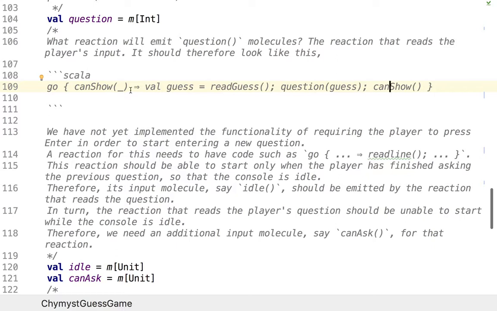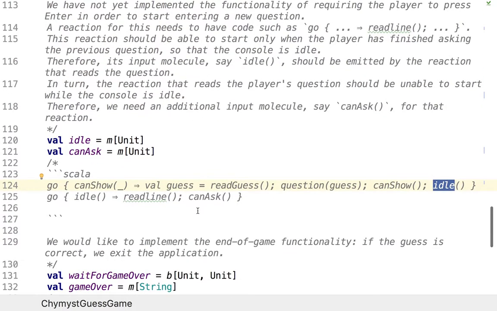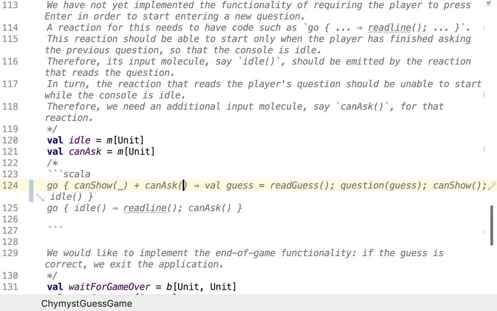It's a contention token. So we need a second input molecule in this reaction to enable or disable this reaction. So let's call this molecule can-ask. So this molecule will be present if the user can ask a question. So let's define therefore the idle molecule, the can-ask molecule, and we added the idle molecule at the end of this reaction. And we need to do this.